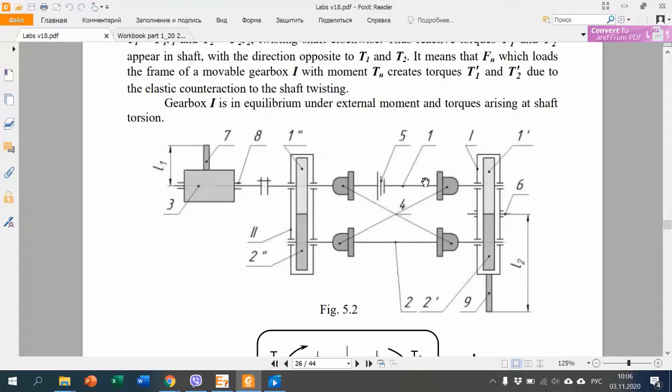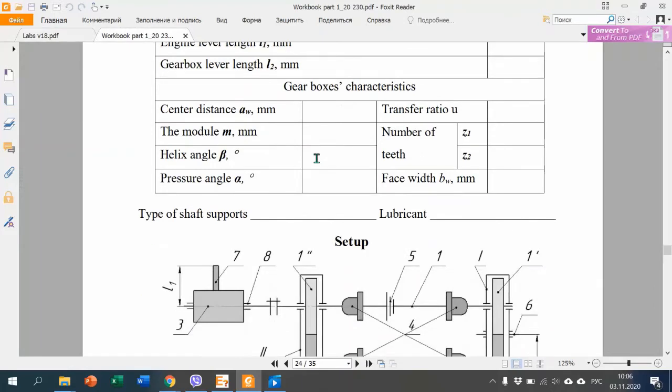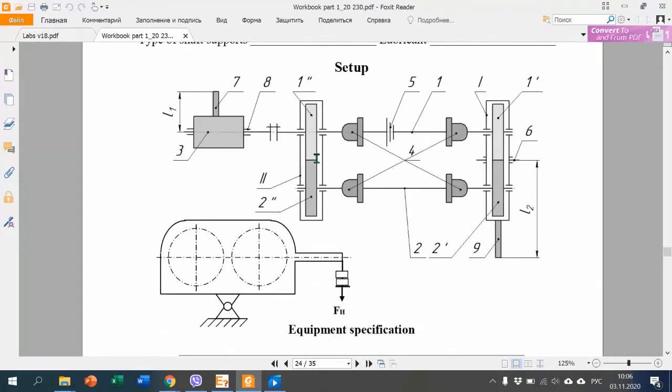Okay, let's fill in the setup specification. Roman 1 and Roman 2 are gearboxes. They are the same.